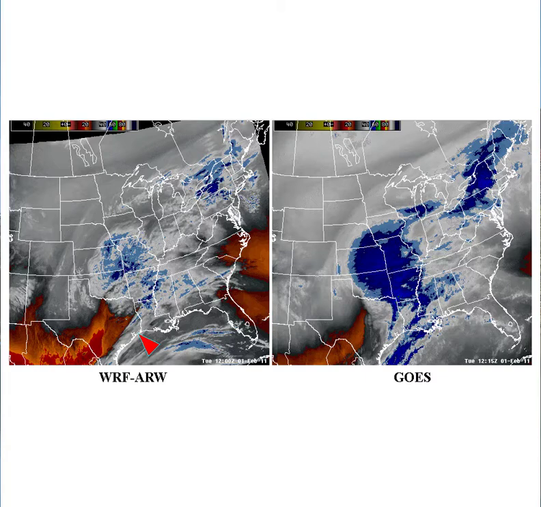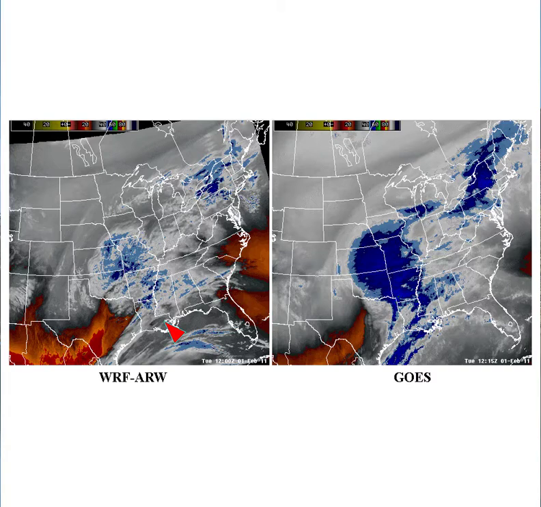Accounting for the biases, the GOES imagery will show a larger area of colder brightness temperatures compared to the synthetic imagery. But still, what you're looking at here is a baroclinic leaf, and that's the thing to keep in mind.